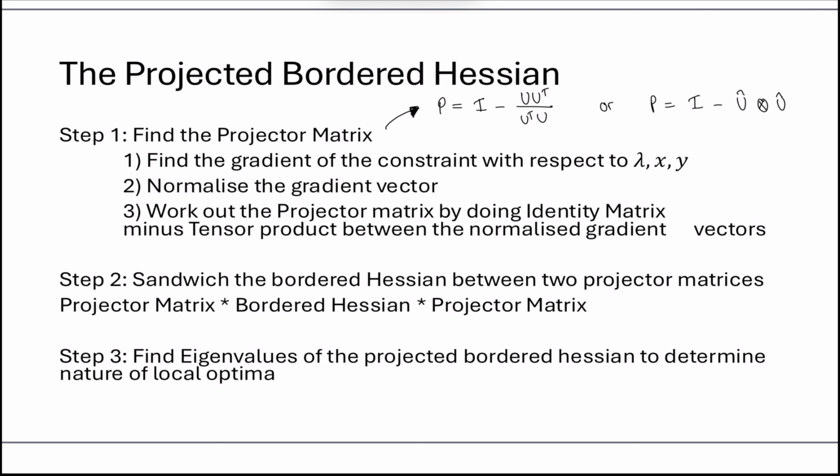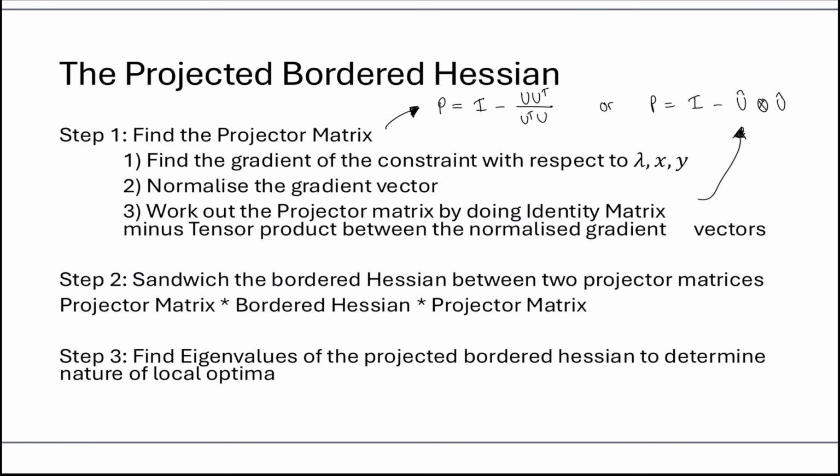So on the projected matrix, you would find the gradient of the constraint with respect to lambda, x and y. You would then normalize the gradient vector, then work out the projected matrix by doing the identity matrix minus the tensor product between the normalized gradient vectors. So over here, I'm basically explaining this method, but this is also valid.